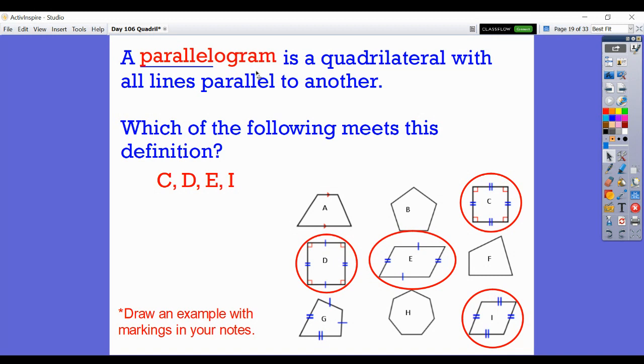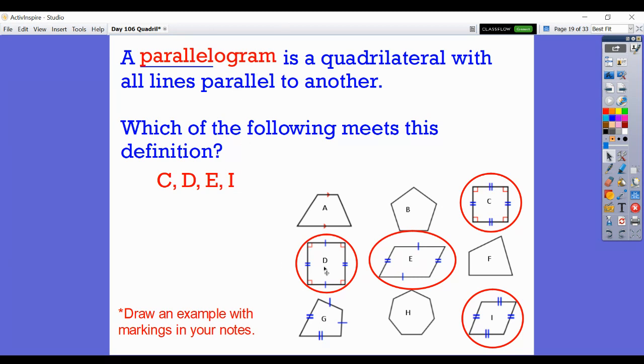A parallelogram is a quadrilateral with all sides parallel to another. If you need to write this down somewhere, put it in your math notebook. Make sure you have all the information we've been covering written somewhere, the definitions especially, and maybe a few examples.